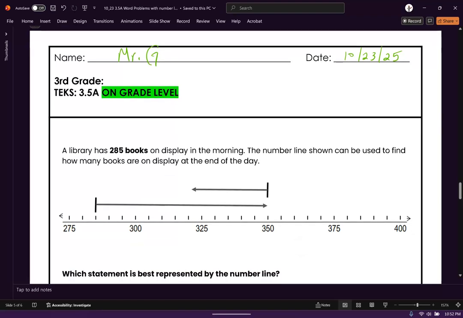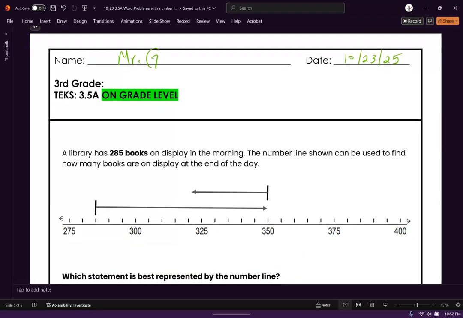Which statement is best represented by the number line? So we know they have 285 books on display in the morning. So we're looking for how many at the end of the day.